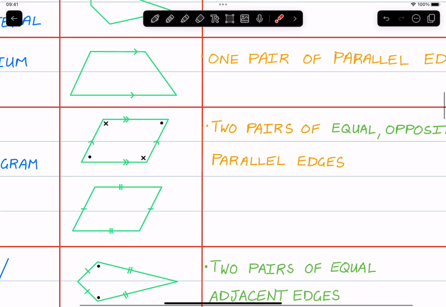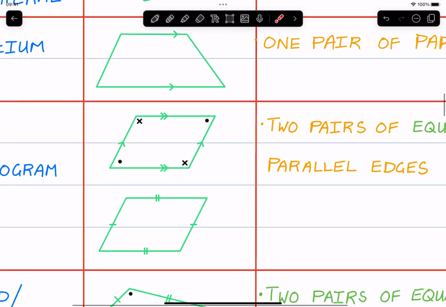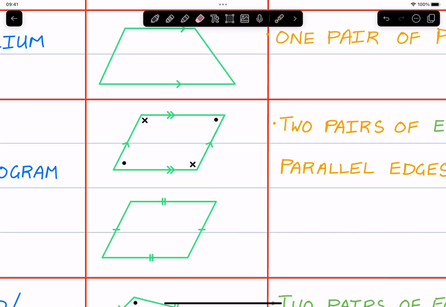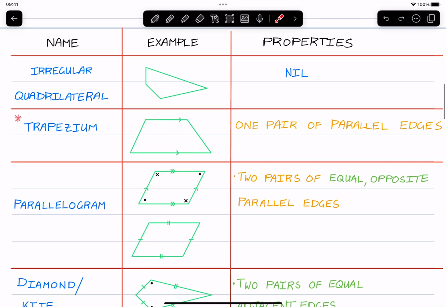Now, within parallelograms is the first case that we have a special angle relationship, and I've marked it here with a dot and an X. So whatever angle this might be, this angle must be exactly the same. And likewise, whatever angle this might be, this angle must also be the same. So for example, if this is 72, this angle here must also be 72, or whatever the size might be. So that is a parallelogram.